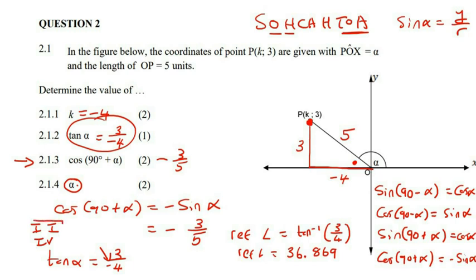But remember, with tan, we are in quadrant 2, so we're not going to work in quadrant 4, because that's going to end up giving you a large value, like 323 or something like that. So we're going to work in quadrant number 2, okay? And so that means that we're going to say 180 minus 36.869, and that'll be 143.13 degrees.